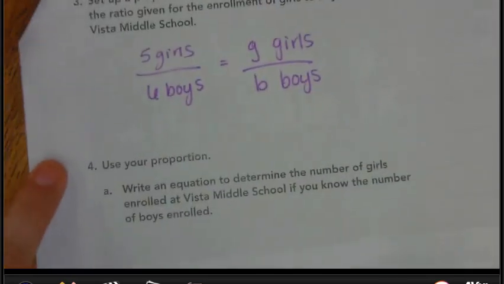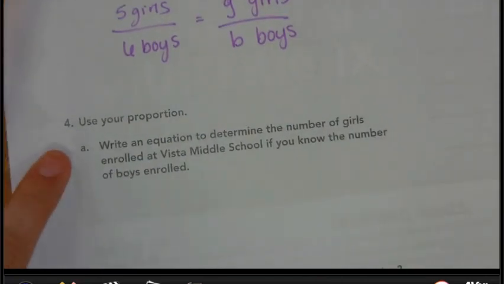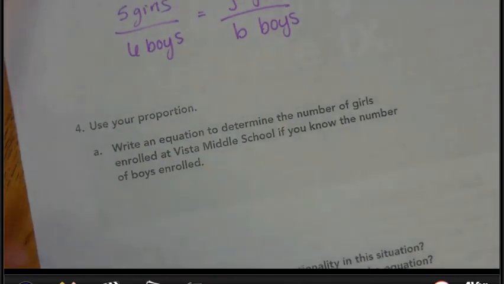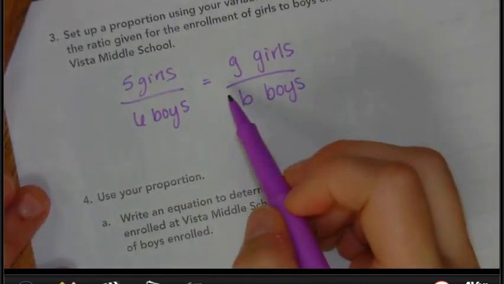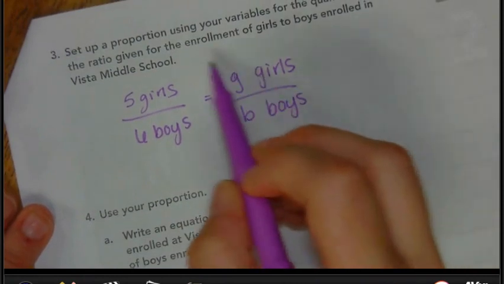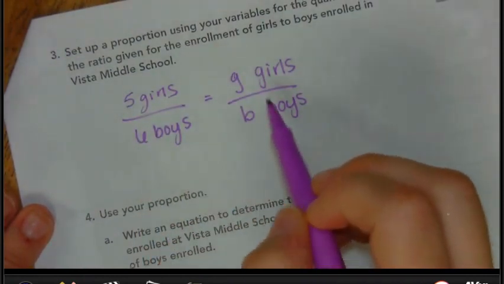All right, so use your proportion and write an equation to determine the number of girls enrolled at Vista Middle School if you know the number of boys enrolled. All right, so I need to take my proportion here, okay?